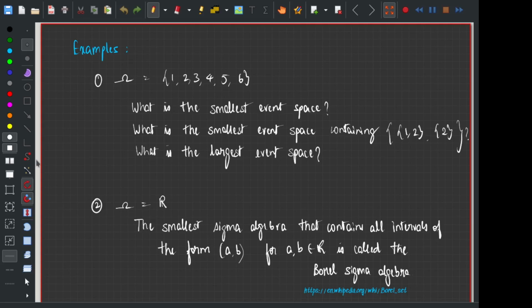Just one outcome. Remember, the event space is a class of subsets of omega. What do you mean by the null space? It's a class of subsets, right? So what is the smallest set of subsets that forms a sigma algebra?